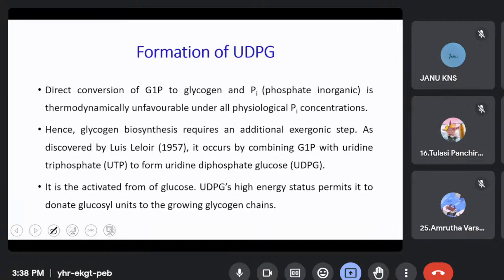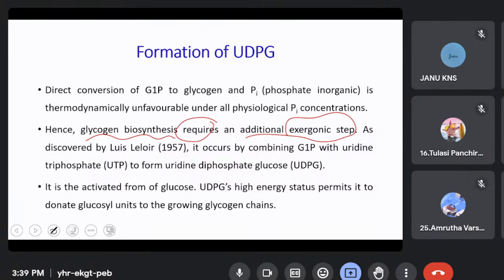Let us see. Direct conversion of glucose 1-phosphate to glycogen and inorganic phosphate is thermodynamically unfavorable. That means it requires lots of energy, and hence glycogen biosynthesis requires an additional exergonic step.